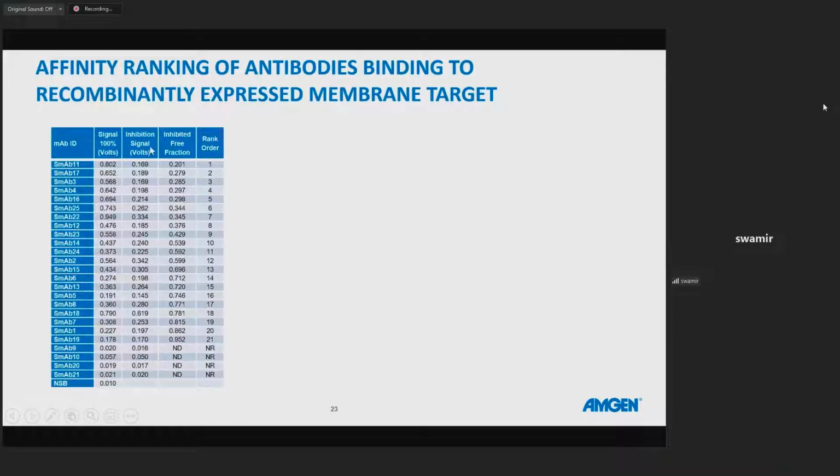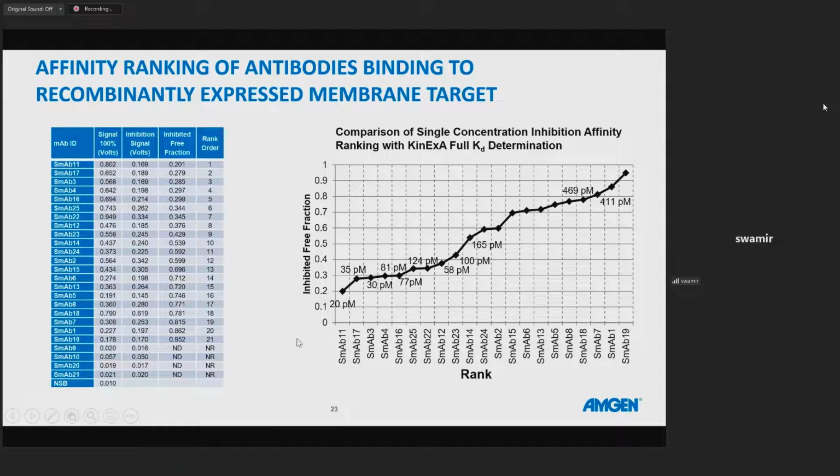So from the panel, we calculated the inhibitory free fraction for a number of antibodies and ranked them: the lower the free fraction, the higher the affinity. And we ranked about 21 antibodies. And when we measured the real KD, the high affinity ones are really ranked high, and the lower affinity ones are really ranked low.